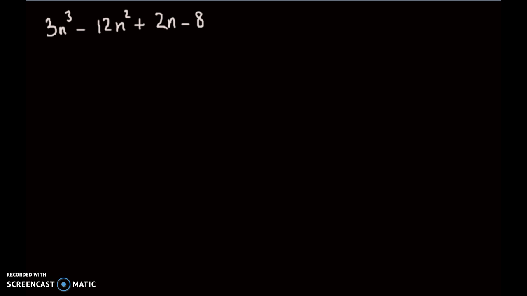The first group, if you group these two terms and group these together, the GCF for the first group would be 3n squared, and the GCF for the second group would be only 2. So for the first group, we have 3n cubed and 12n squared.